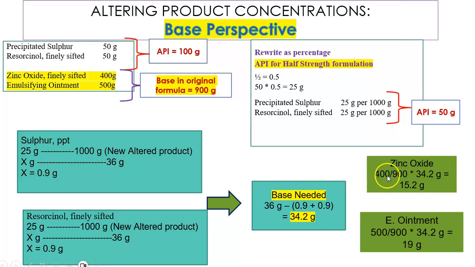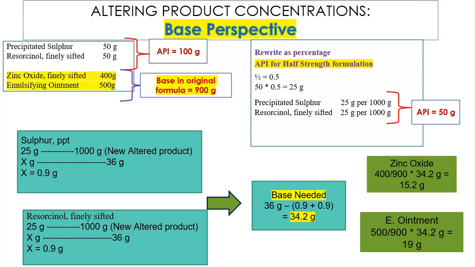So 400 is to 900 in the base, and so therefore how much will be in 34.2 grams, which is 15.2. In the base again, 500 is to 900, and therefore 34.2, when you multiply, you will get 19.2 grams. So this is simple, no stress, and that's it for the calculation.